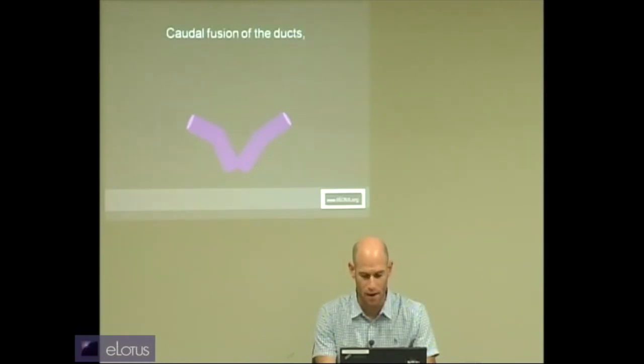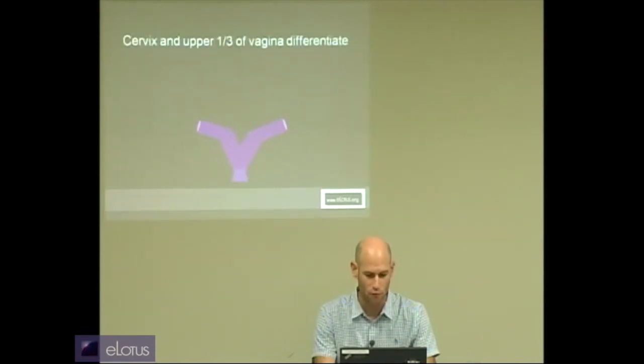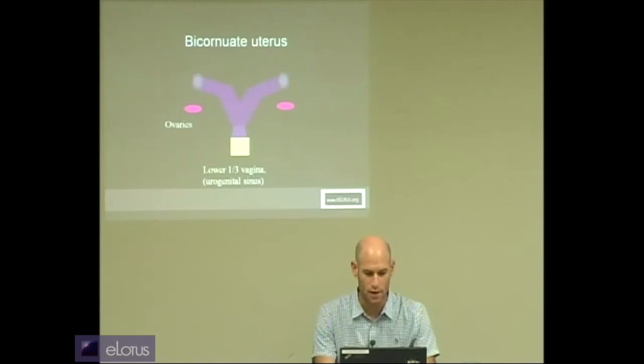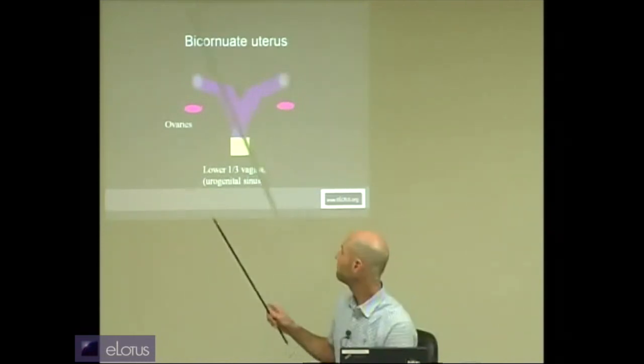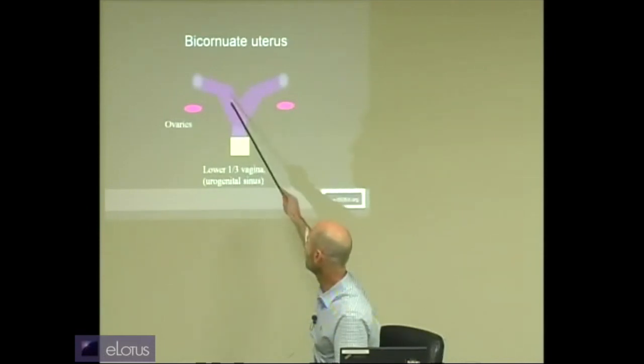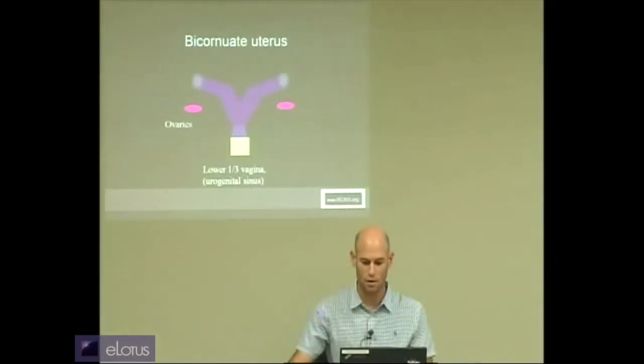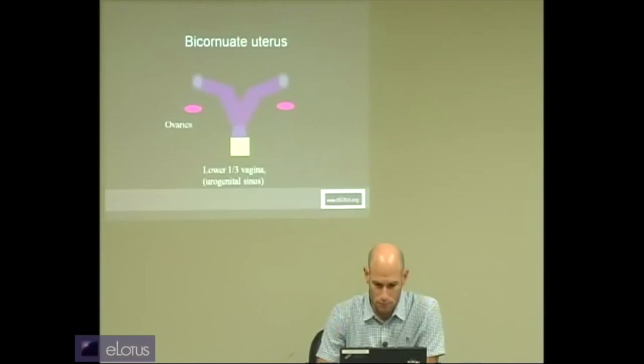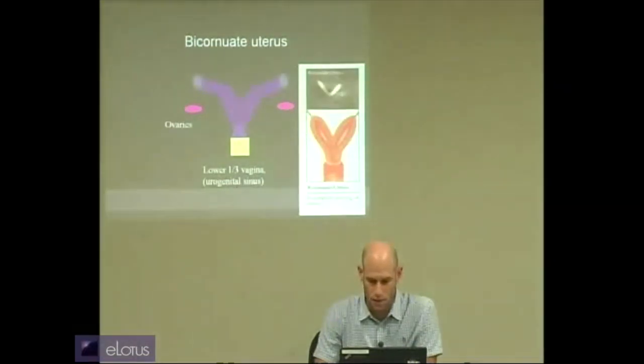It's just the very bottom part of them joined together. And you get incomplete fusion, essentially. Everything else forms normally, but you get this big wedge that fails to resorb. And that's how you get these two wedges of uterus. And that's the bicornuate uterus.